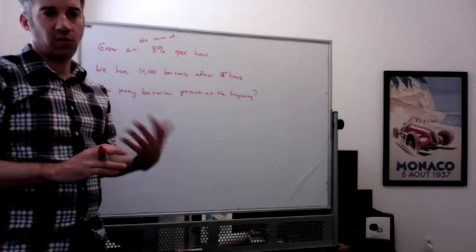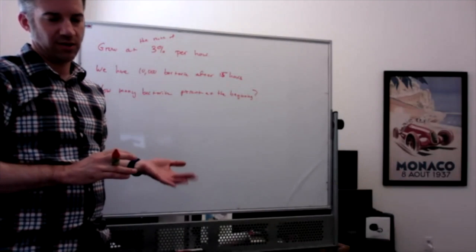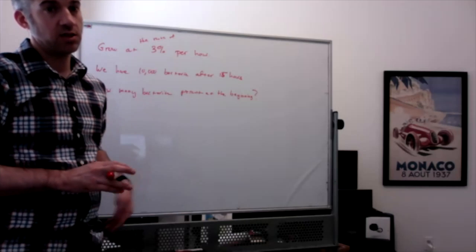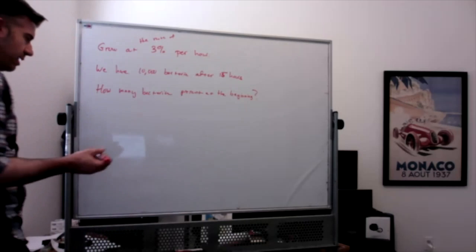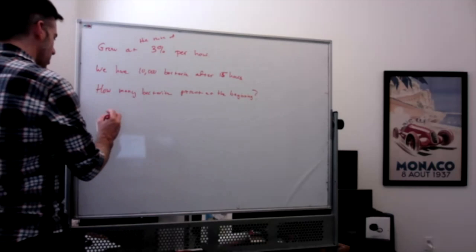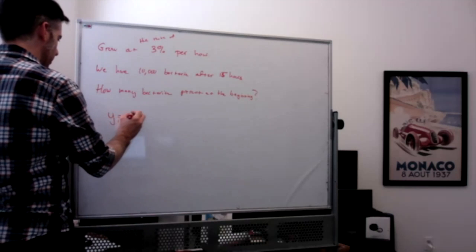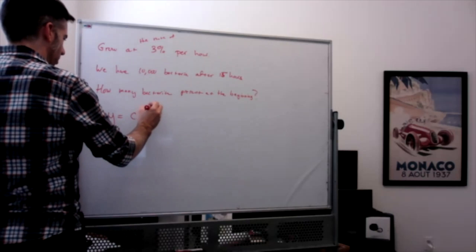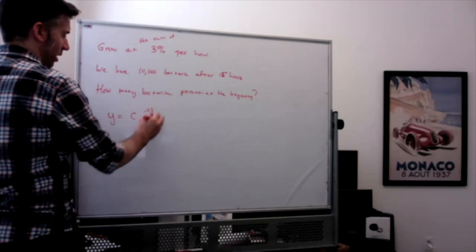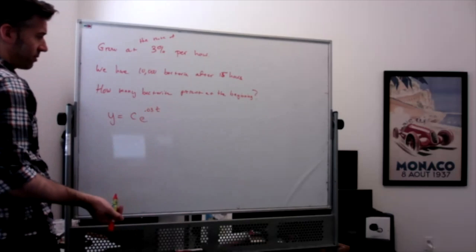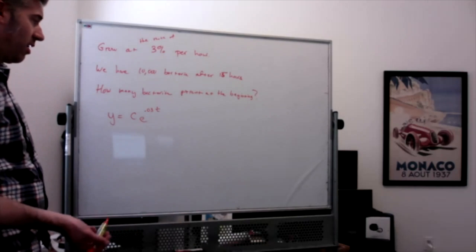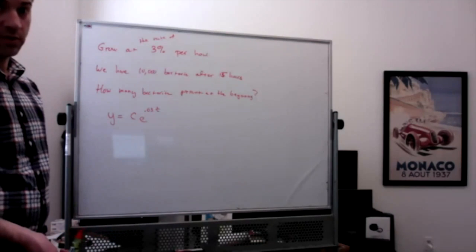If the bacteria grow at 3% per hour, that doesn't mean that your r is 3%. So it would be incorrect to say that we have y equals c e to the 0.03t. That would not be exactly right, because after 1 hour, you're not actually going to grow by 3% this way.